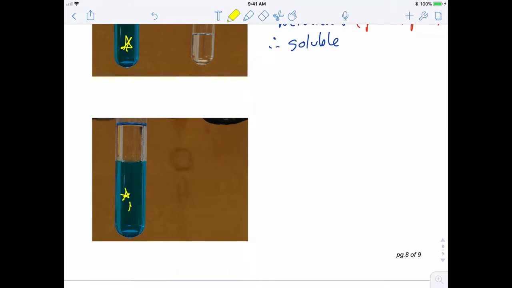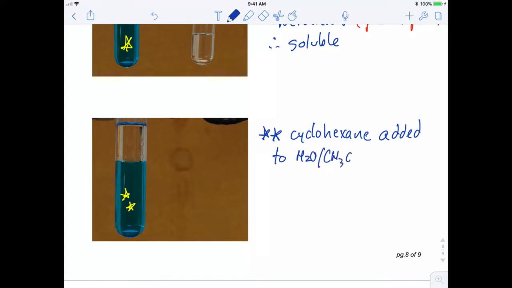Now in this third test tube, we can see that the water and methanol phase is still there, but the cyclohexane has been added to the water and methanol mixture. If you look carefully, you can see that phase boundary above the water-methanol mixture.